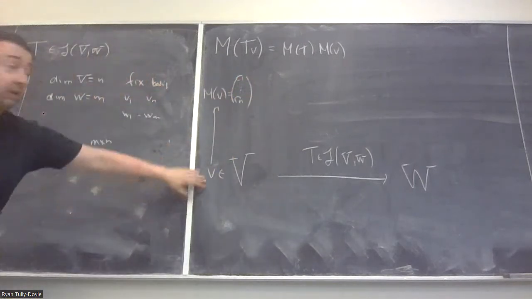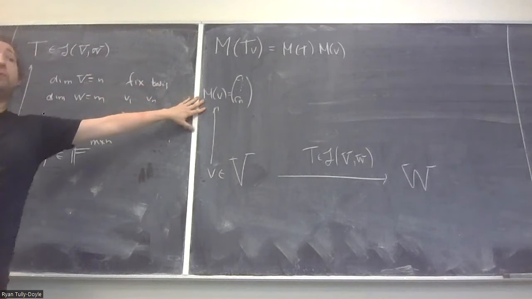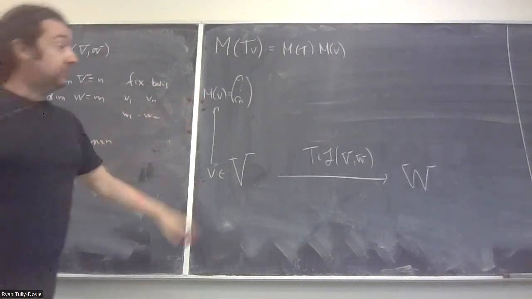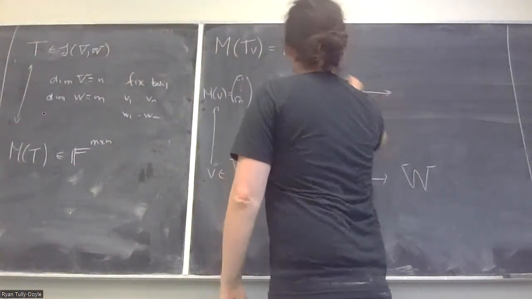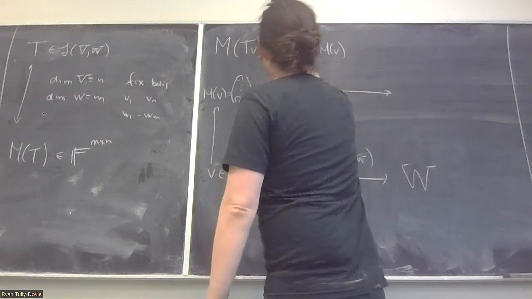A matrix of a vector is a column, the coefficients of expressing that vector in terms of a basis. Then the map T turns into multiplication by this matrix.